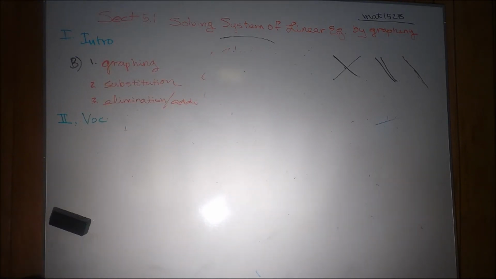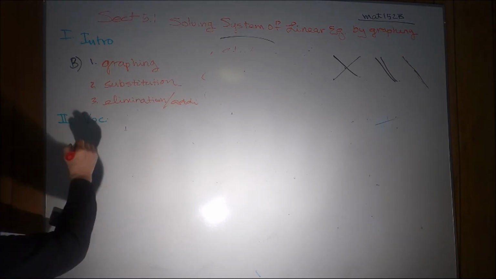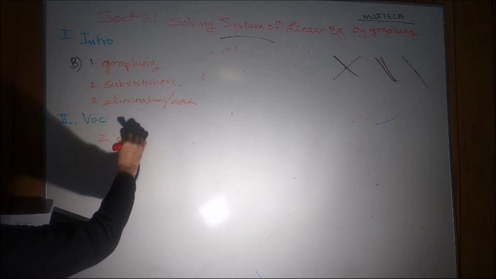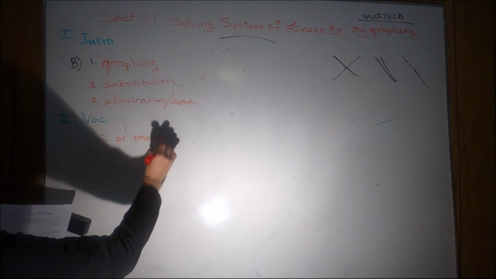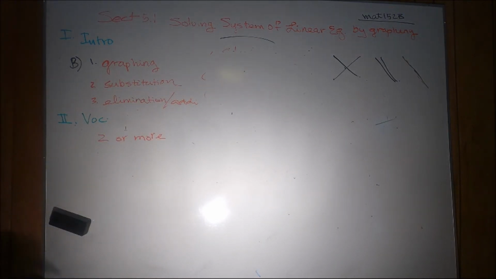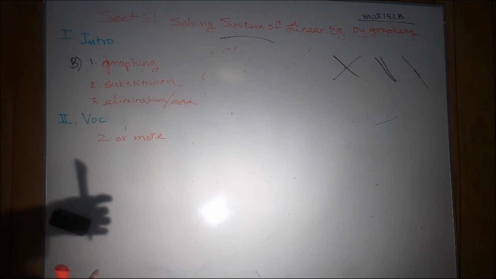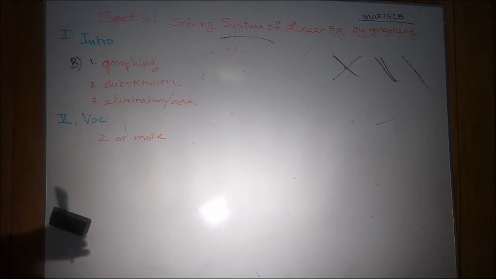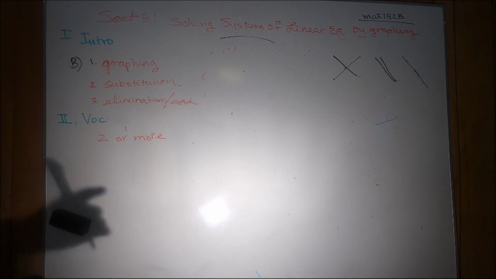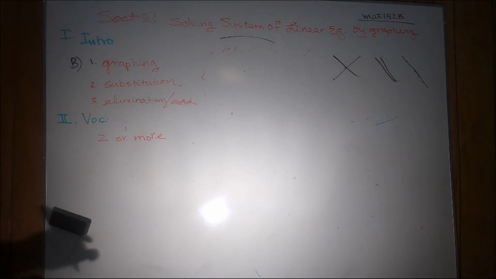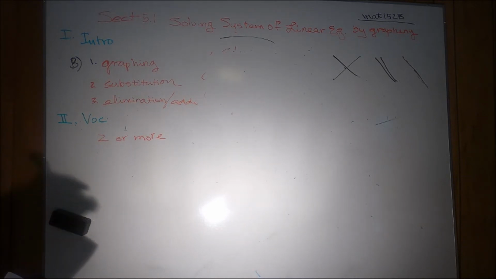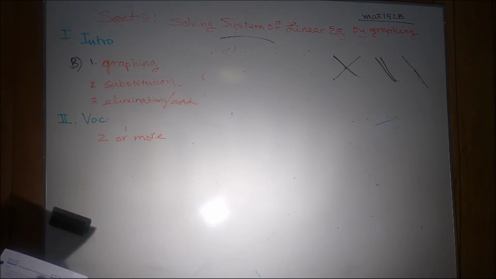It means you must have two or more linear equations. Then we do it here, two variables, two equations. We call it 2 by 2. Next class in your math 154A class, you will do 3 by 3, 3 equations, 3 variables. Okay, so we start from here.